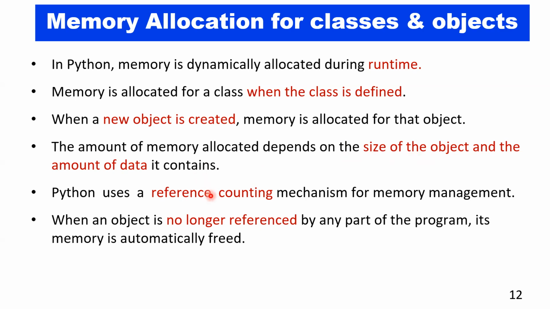So Python generally implements automatic garbage collection. That means memory management is done automatically. Memory management means allocating memory for newly created objects, and whenever the objects are not in use or are deleted, the memory allotted for that object has to be deallocated.